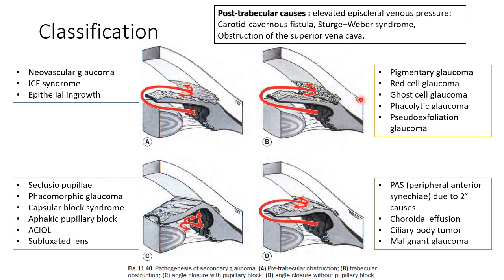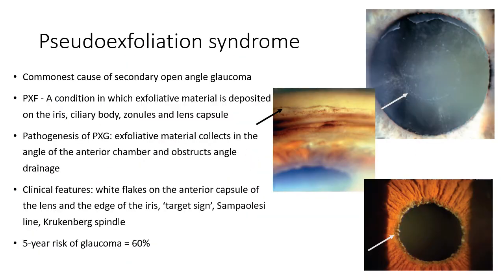Again, the aqueous cannot flow because of the back pressure from the veins, seen in elevated episcleral venous pressure, carotid cavernous fistula, Sturge-Weber syndrome, obstruction of SVC. All these conditions are going to cause elevated episcleral pressure, leading to backflow and inhibition of aqueous outflow, right? So please just memorize the slide. It's a very easy to understand slide, and the diagram is from Kanski.